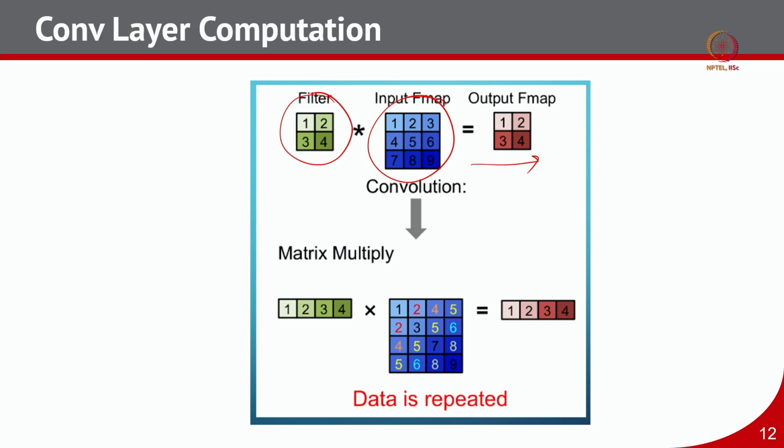Now, in this flattened version, we flattened this filter in a row vector format, and then we also flattened this input feature map in a specific way, so that each column vector represents one patch of the input feature map, right. Now, if you look closely, some data is repeated, like this 2 is repeated, this 4 is repeated, this 5 is repeated, this 6 is repeated, and so on, correct. So, some data is repeated.